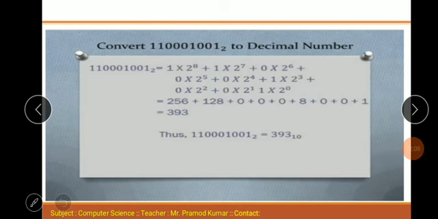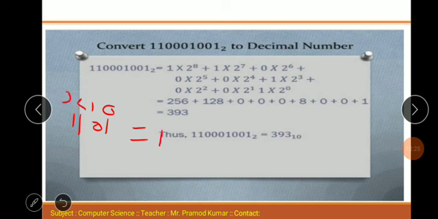Suppose that you want to convert this binary number to a decimal number. First, starting from here, you take position 0, then 1, 2 and 3 for the last one.